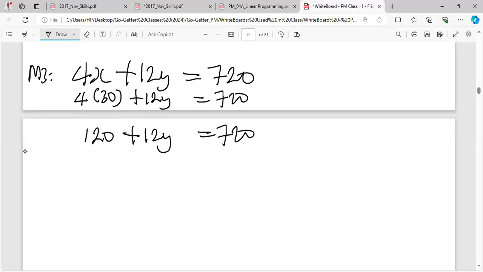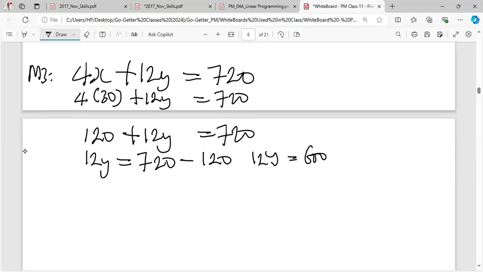That gives me 720. Of course, 12y will remain on one side, 720 will remain where it is. This 120 that has an invisible plus will move and become minus 120. So we have 12y will give us 600.